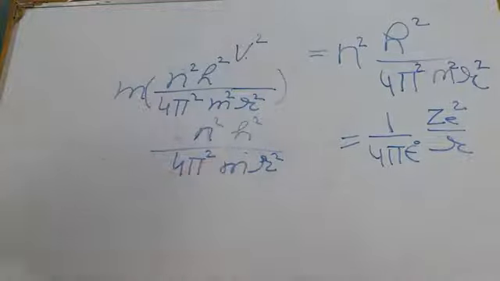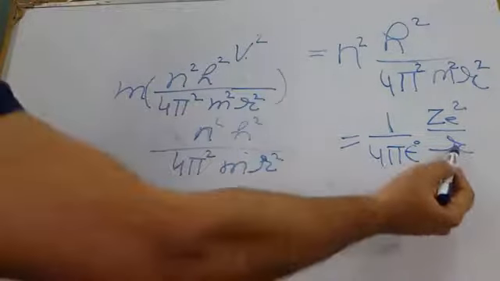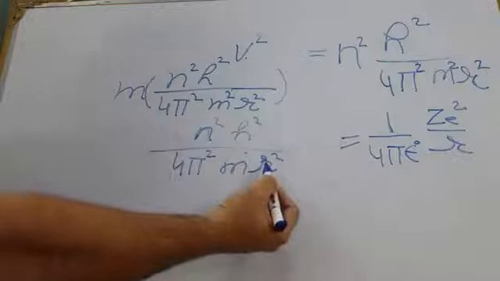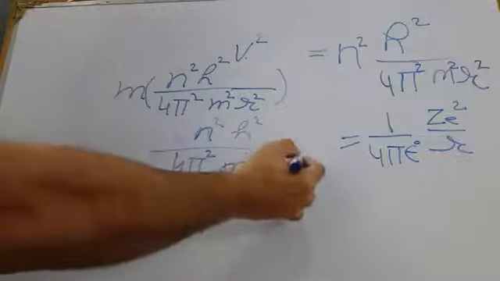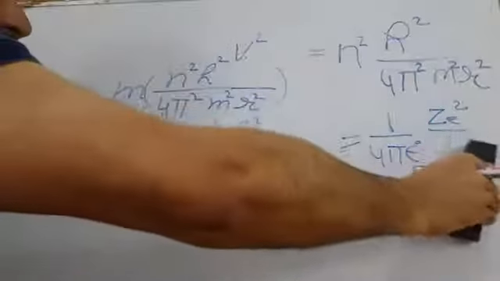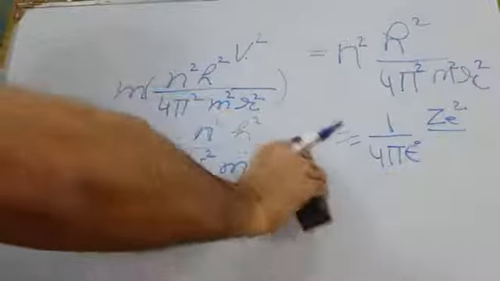We find this equation, and from both sides you see here is r square. Therefore, if you multiply both sides with r, then this r is gone and r is left.